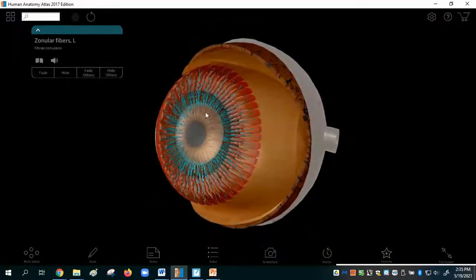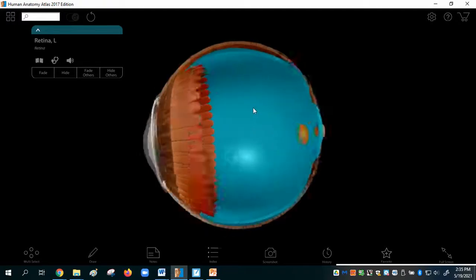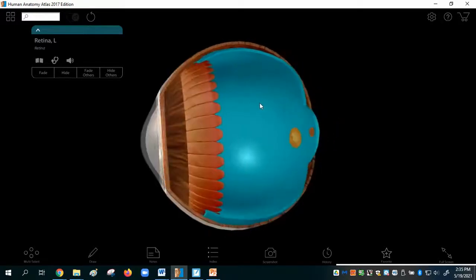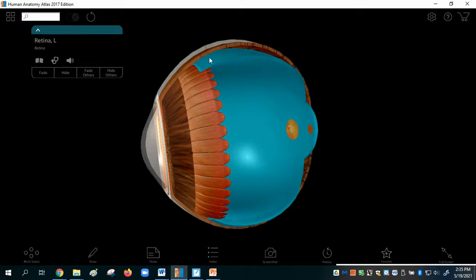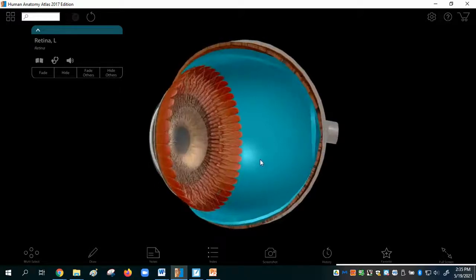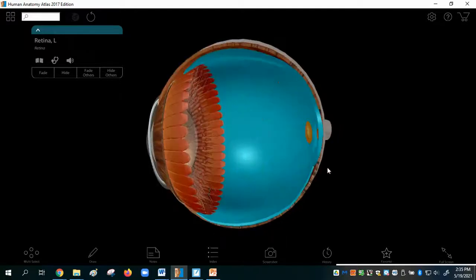Okay, and the lens finishes the focusing, and these suspensory ligaments attach the lens to the muscle so that it can change the shape of the lens. And then the innermost layer is the retina, comprised of photoreceptors called rods and cones, rods sensitive to light, and cones to colors. Those are all axons that are bundled together at the back of the eye and exit the eye through the optic nerve.